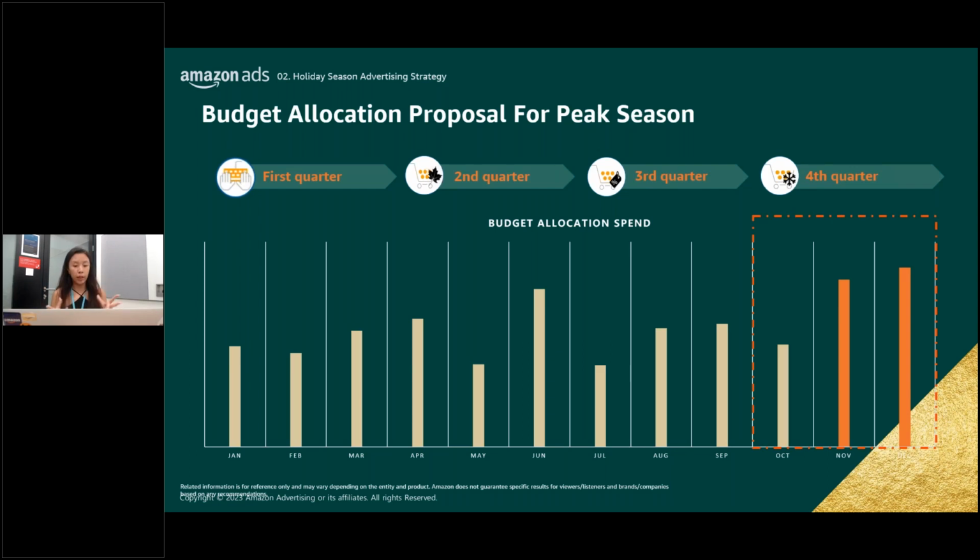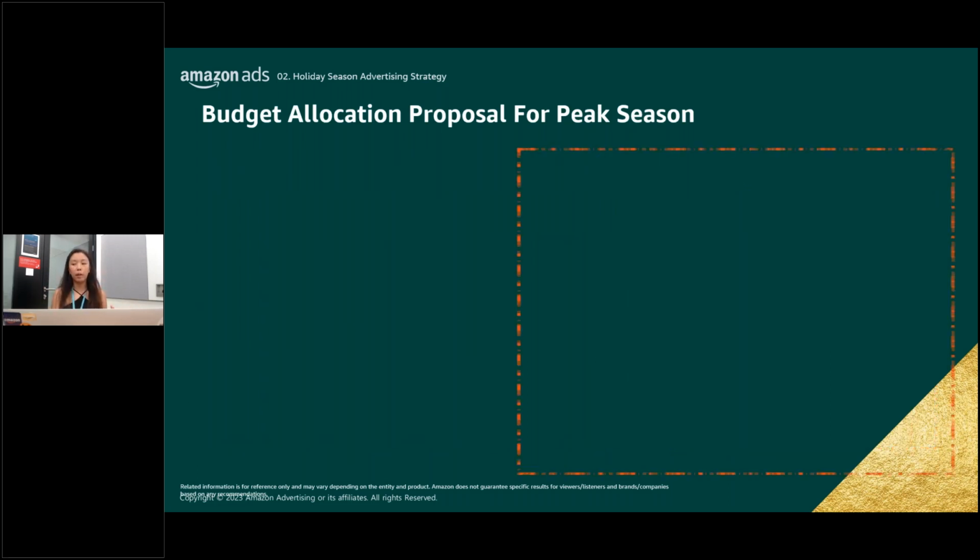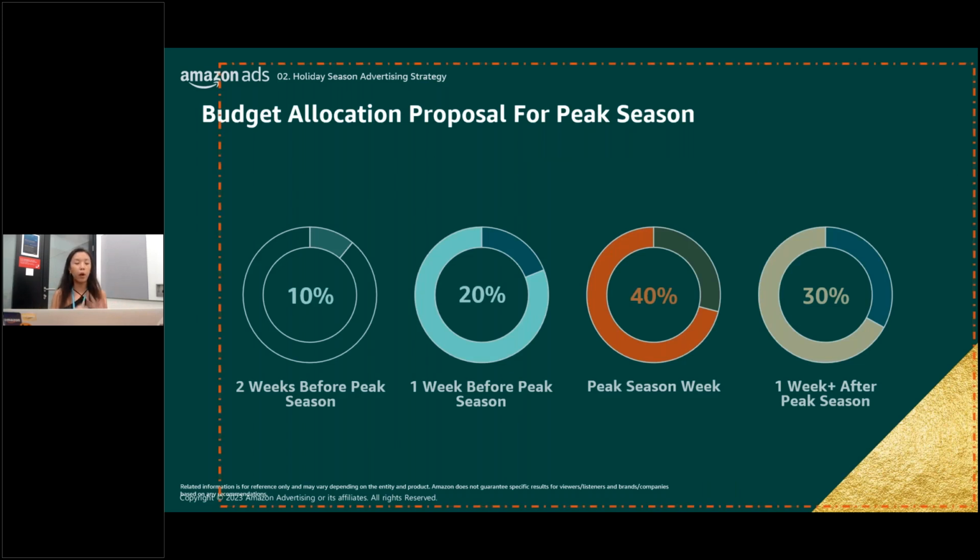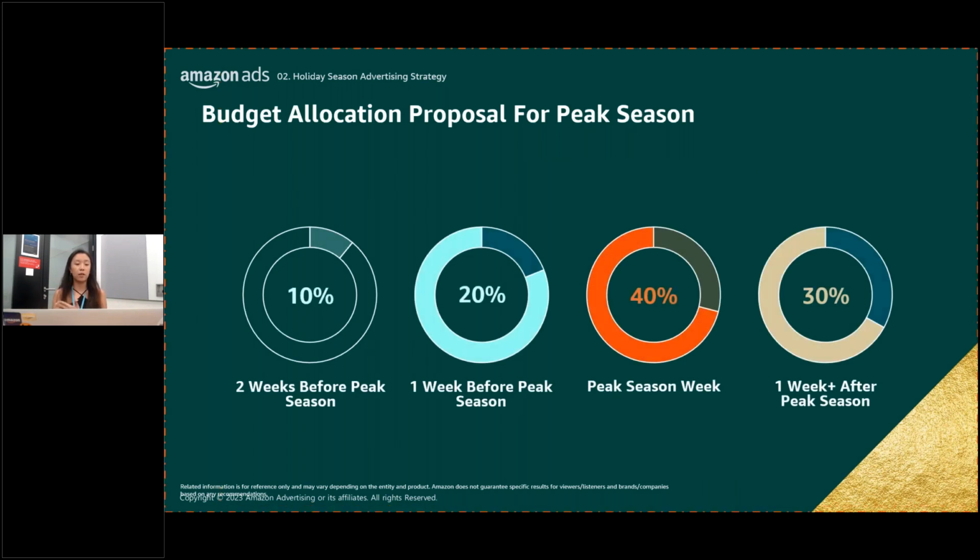So do factor in higher budget. I would highly recommend sellers to increase your budget by 200 to 300%, allocate it for Q4. And definitely, this is how you should be splitting your budget. Whatever budget you have, this is a broad guideline in terms of how to allocate your spend across the season.